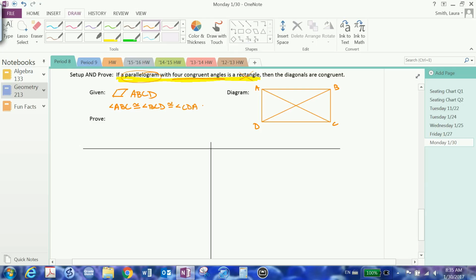All right, so angle A, B, C congruent to angle B, C, D congruent to angle C, D, A congruent to angle, let's see, I got A, B, C, I got B, C, D, I get C, D, A, now I need D, A, B. Then we want to prove that the diagonals are congruent. So we would want to prove that AC congruent to BD.